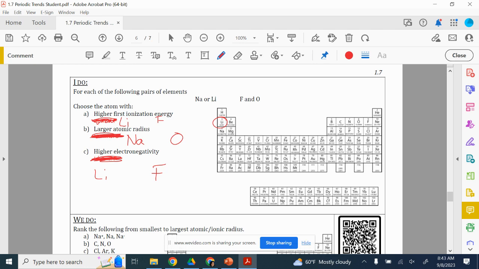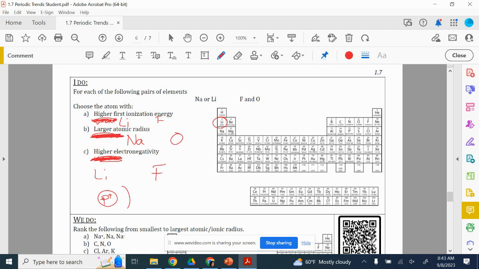I get why lithium has higher electronegativity because of the arrows, but why in the sense of Coulomb's law? Okay. Higher electronegativity means that it would want an electron more. So here we've got the nucleus pulling. Lithium's not really going to want one that badly, just more than sodium.